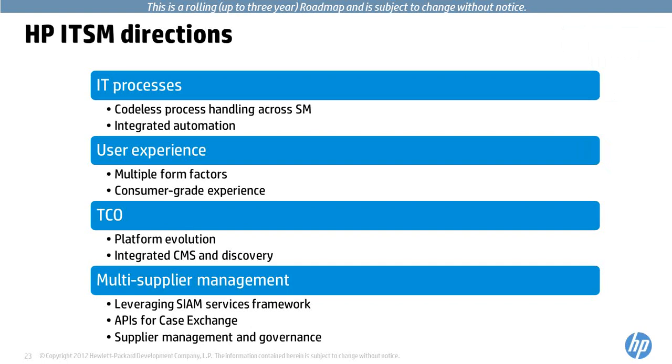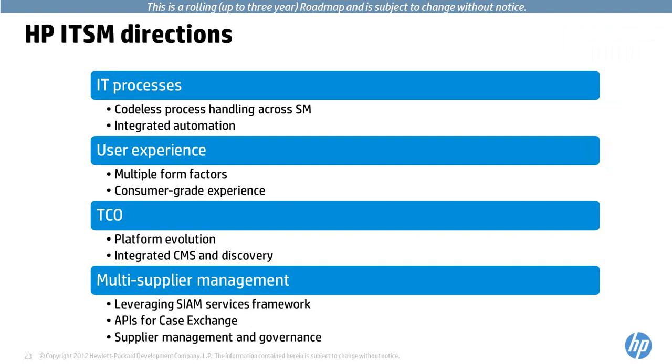We've improved dramatically between 7.11, 9.2, 9.3, 9.31, and then we've got further improvements in the next version after 9.31 in terms of performance, reliability, and quality. But there are also things that need to be done more structurally in the platform, in particular around the data model, and we'll talk about that. And then as part of that, the integration with the CMS and the discovery are going to be improved.